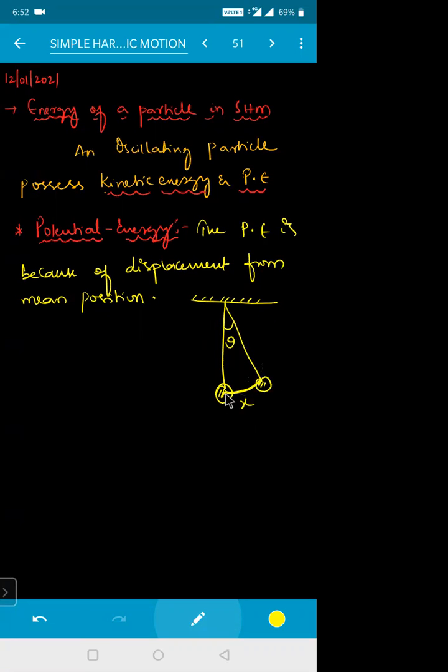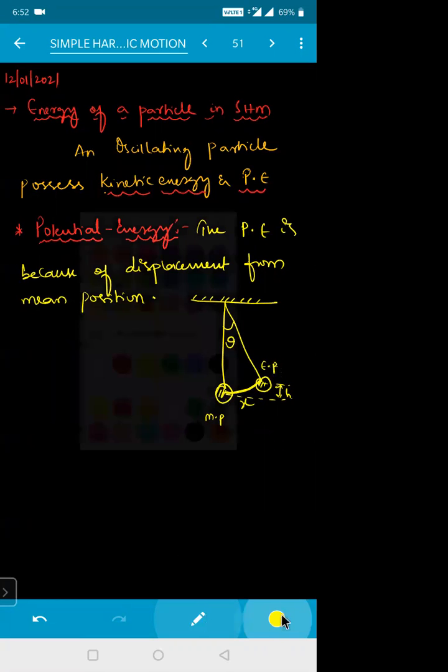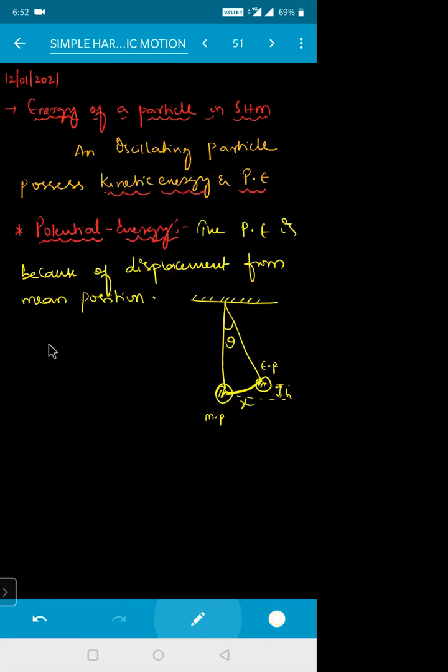So it will possess the potential energy with respect to this height only, no? If there is no height, there is no potential energy for the given condition. So the potential energy of the body is because of the displacement from the mean position, from mean position to extreme position, isn't it?